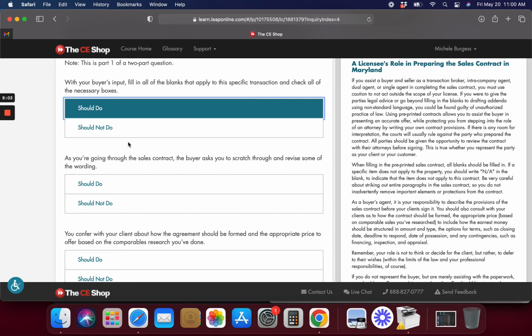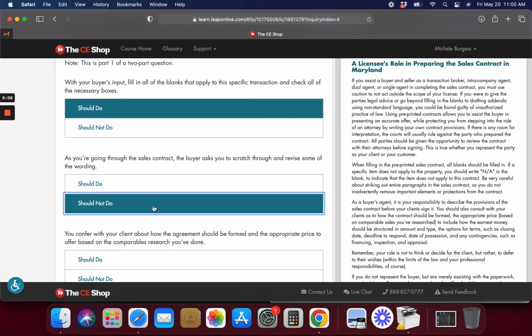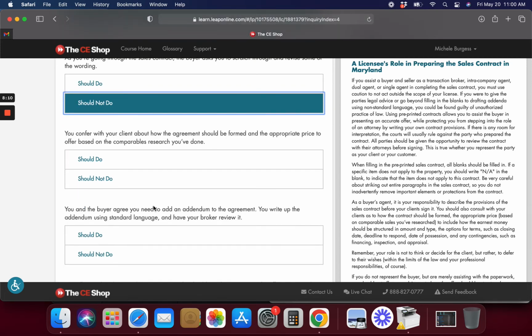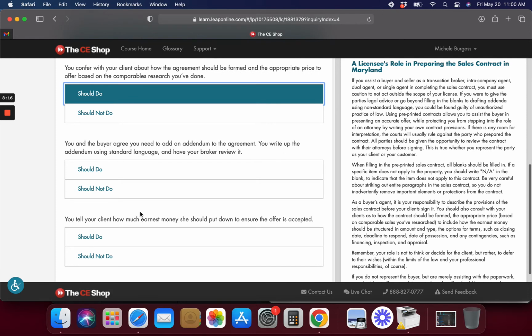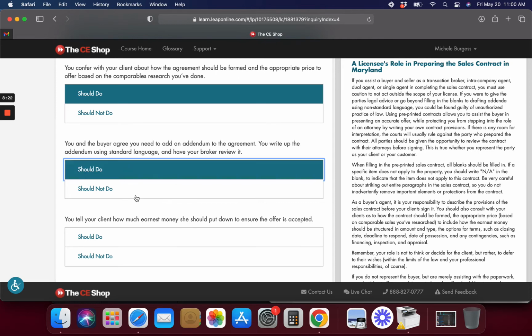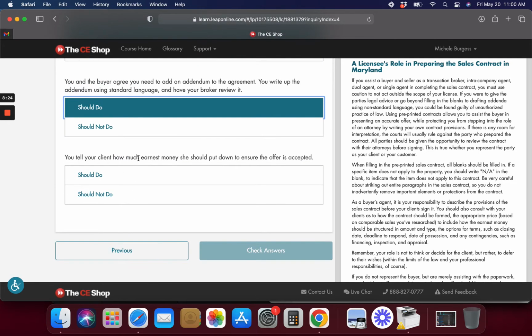If you're going through the sales contract and the buyer asks you to scratch through and revise some of the wording, you can't really do that. You confirm with the client about the agreement and the appropriate price to offer. Yes. You need to agree to add an addendum. You write up the addendum using standard language and have your broker review it. That's a good idea, so you don't get sued or anything.